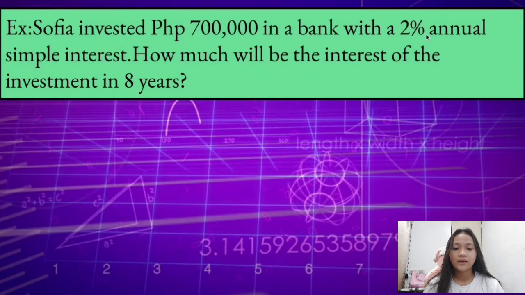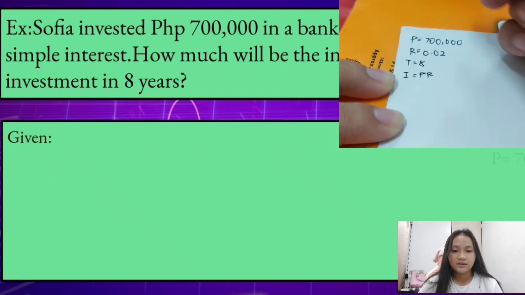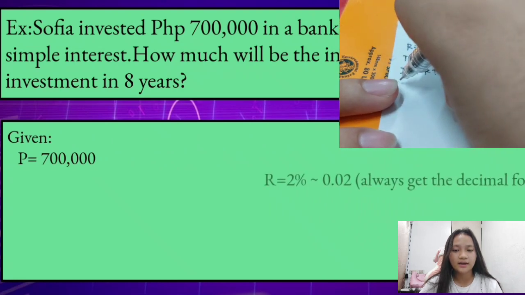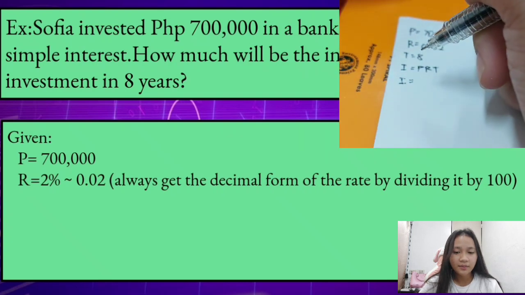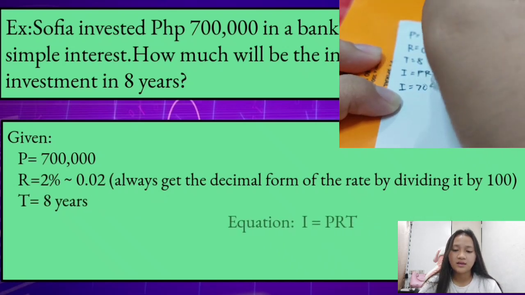Example: Sophia invested 700,000 in a bank with a 2% annual simple interest. How much will be the interest of the investment in 8 years? The given is P is equivalent to 700,000 and the rate is 2%, in decimal 0.02, and T is 8 years.